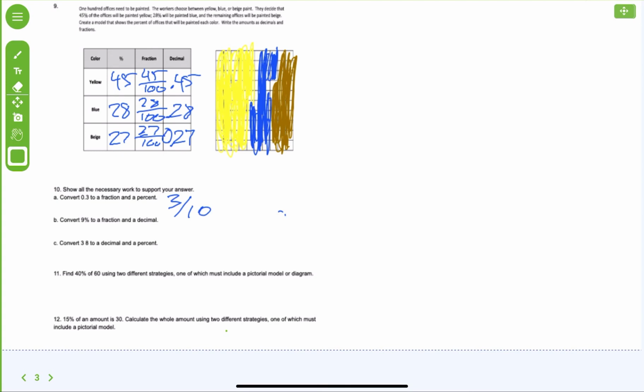I'm going to divide 3 divided by 10, and that was 0.3, but then I move my decimal place 2 places, and I get 30%. There you go. So if you have your decimal, all you have to do is move the decimal place. If you have a fraction, you'll divide it and then move your decimal place.